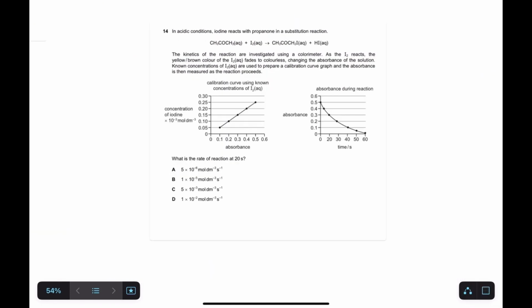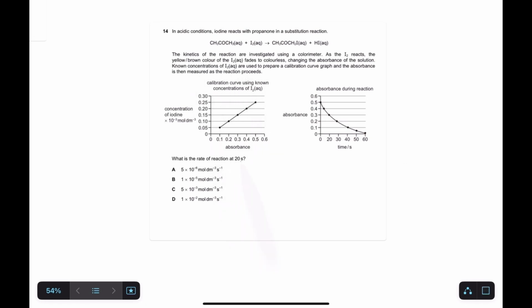Question 14. In acidic conditions, iodine reacts with propanone in a substitution reaction. The kinetics of the reaction are investigated using a colorimeter. As the I2 reacts, the yellow-brown color of the I2 aqueous fades to colorless, changing the absorbance of the solution. Known concentrations of I2 aqueous are used to prepare a calibration curve graph, and the absorbance is then measured as the reaction proceeds.